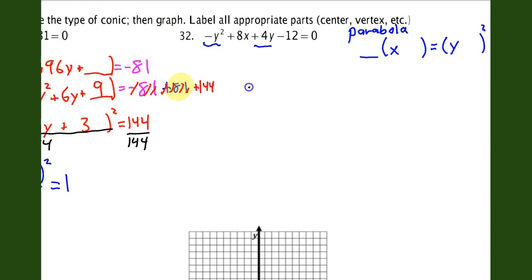That'll leave me with 8x on the left, and this minus 12 will be left here. And then on the right-hand side, we'll have positive y squared when I add y squared to both sides. And then I'm going to subtract 4y from both sides, so I'll get minus 4y.